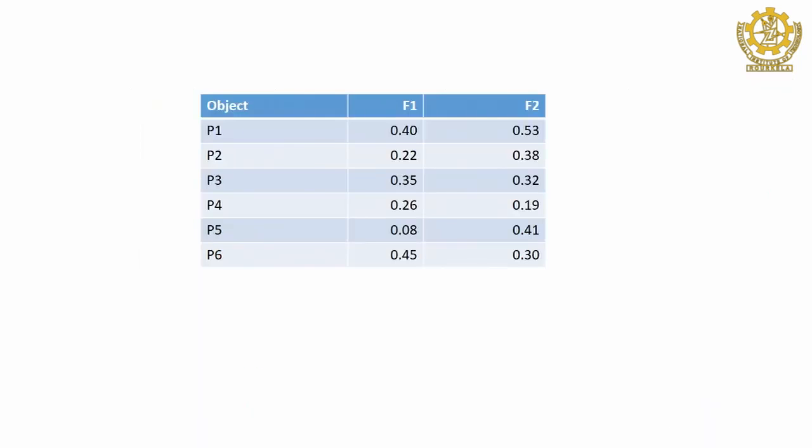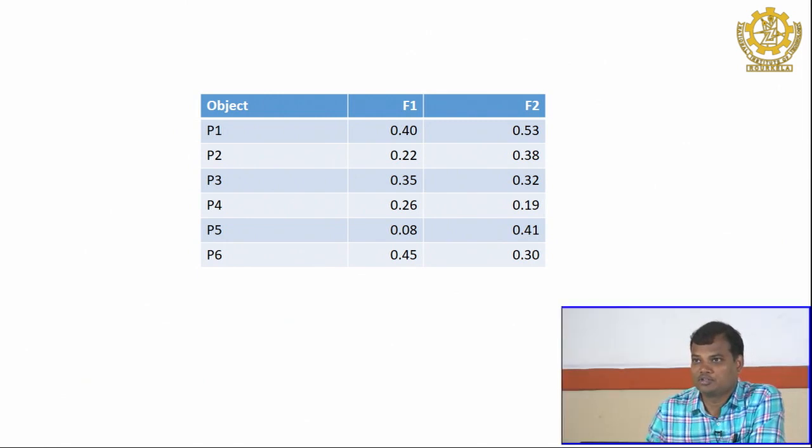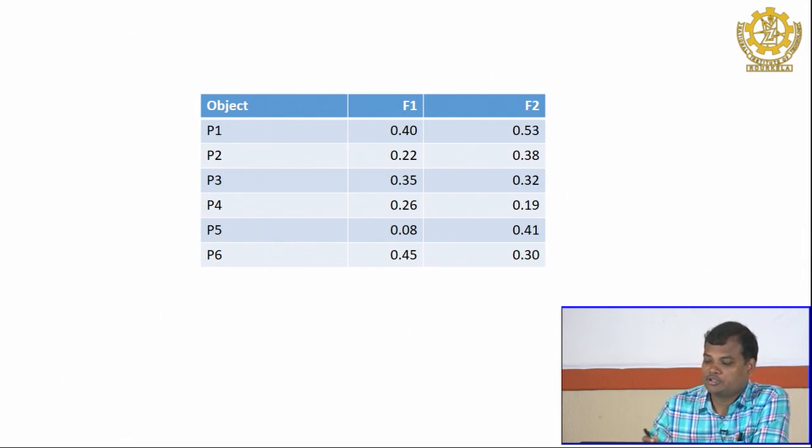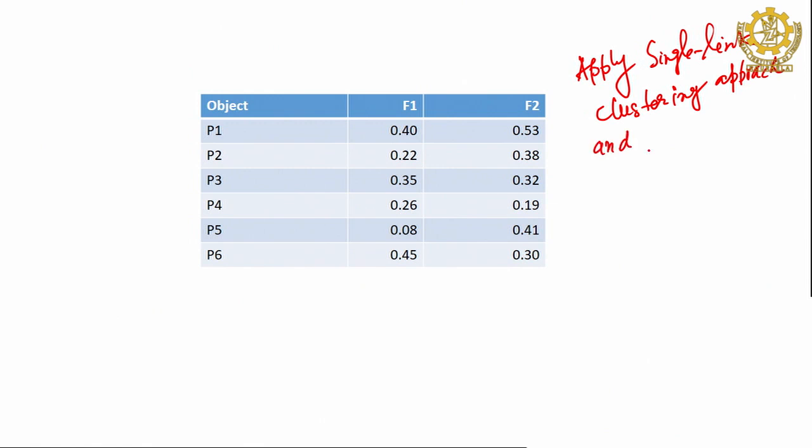So, now we will solve this numerical problem here. Suppose we have 6 points, or say 6 objects, and it is 2 dimensional data, or we can say it has 2 features. So, you apply the single link clustering approach and draw the dendrogram.